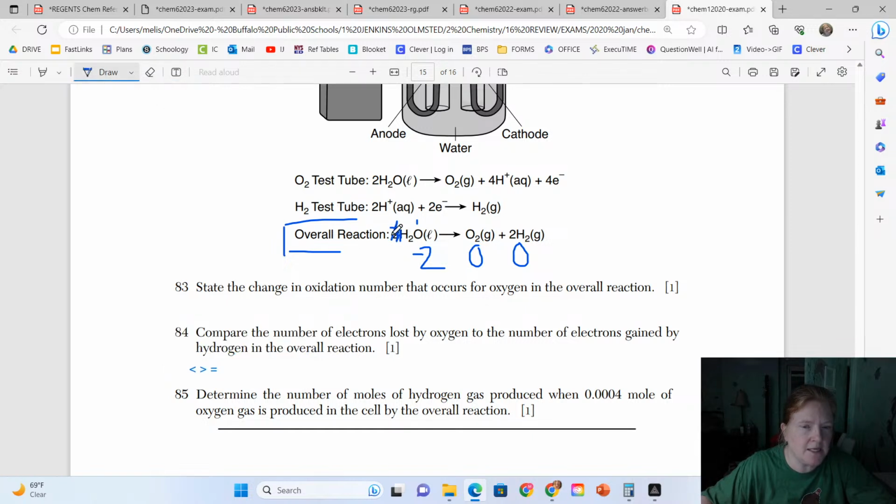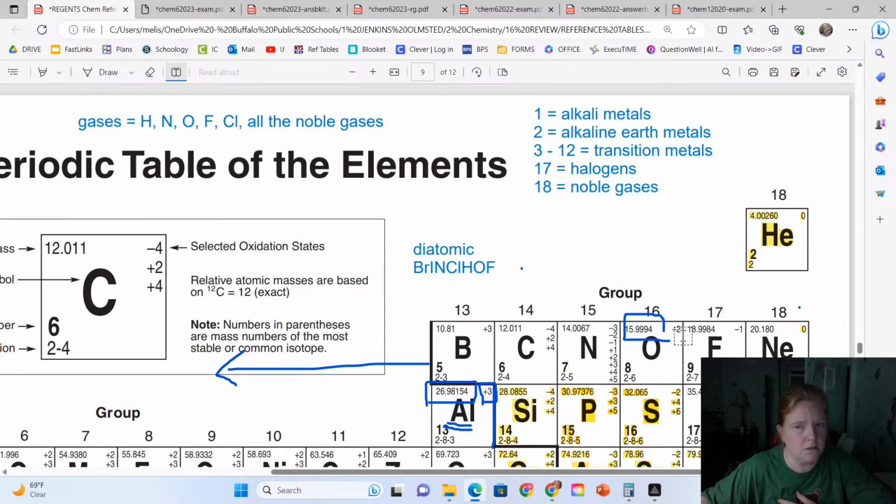For determining oxidation states, I want to ignore coefficients. Even though there's 2 oxygens, there's no charge up here, so they both have to be 0. For oxygen, I just got it straight from the periodic table. Oxygen's -2 from right here when it's in a compound.